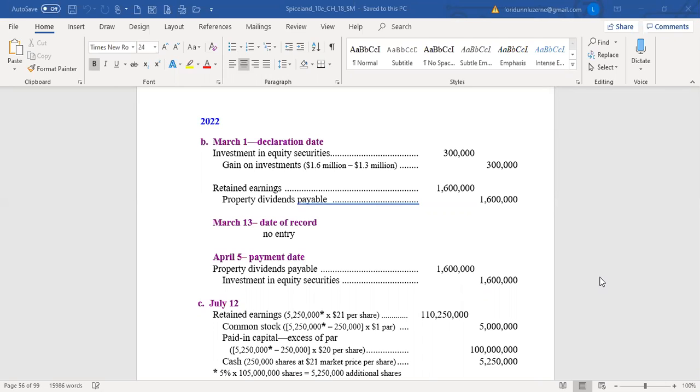Now the other 250,000 shares are not going to be given out as stock. Instead, the corporation said, we'll just pay that part of the dividend in cash. So 250,000 fractional shares times $21 a share.